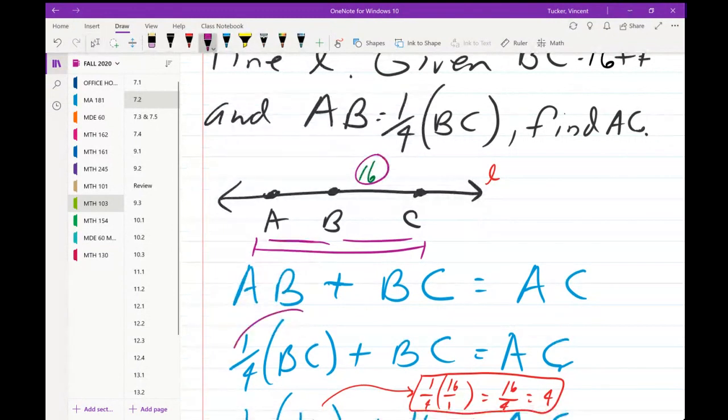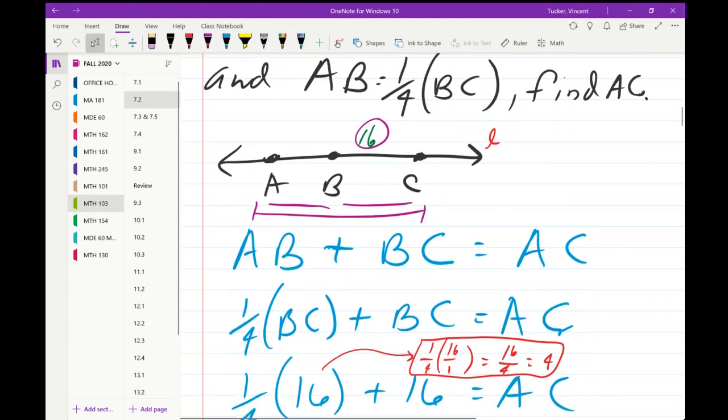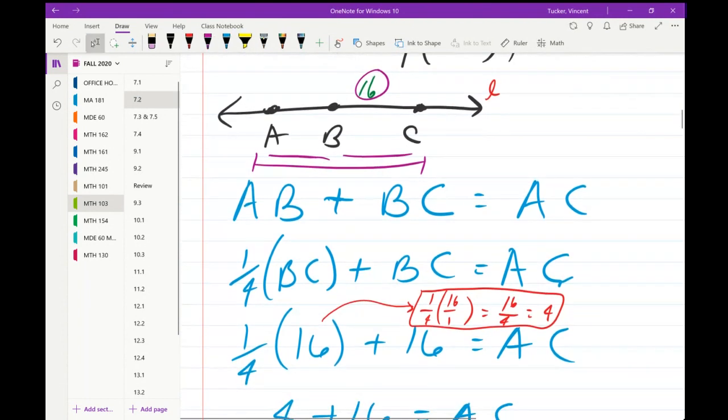So I just substitute that in right here. Once again, you probably would be able to figure this out without setting it up in equation form. That's fine. I'm just going through the equation process because this is math class and to give you a structure on it. But mentally this is what you would be doing. I think somebody got it. So throw in that 16.